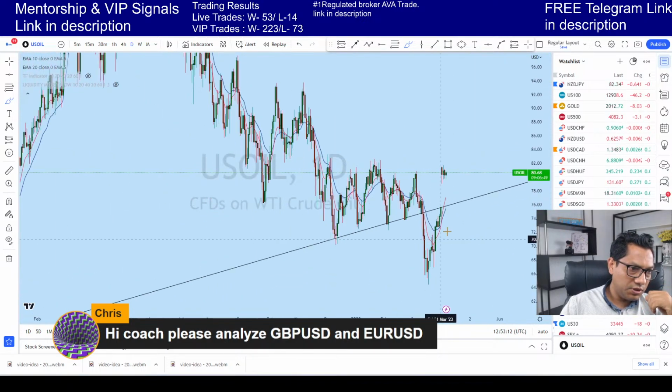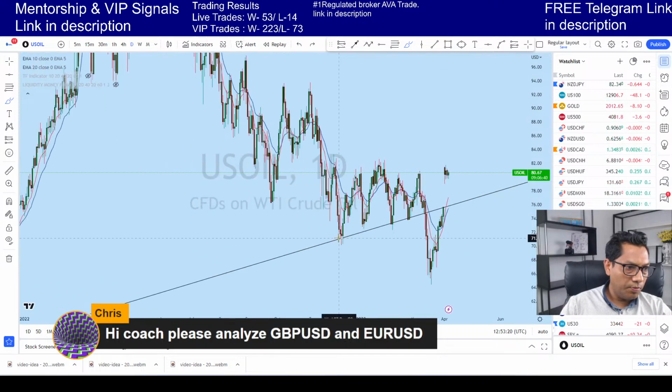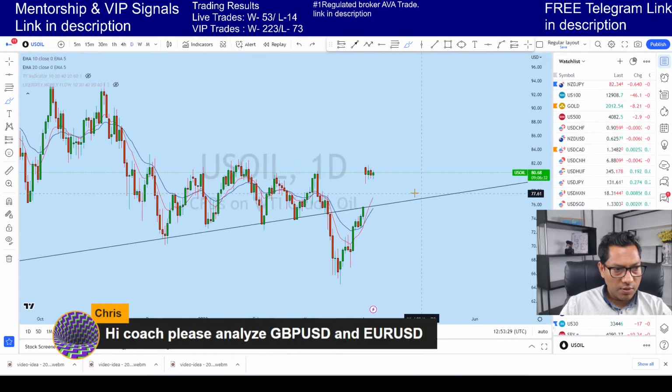It grabbed, you see this leg here. This is a pure liquidity grab, breaking this support to the downside, and then it created this false breakout, and now has gone up. So it should come down to test this level. This is how the market moves.